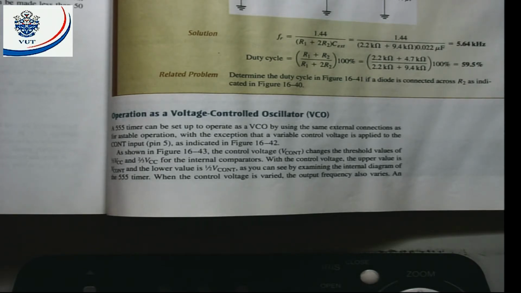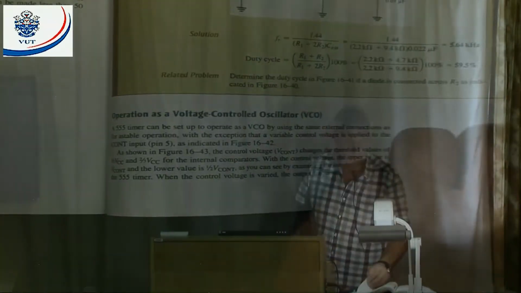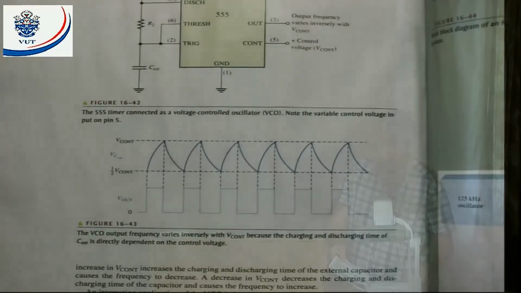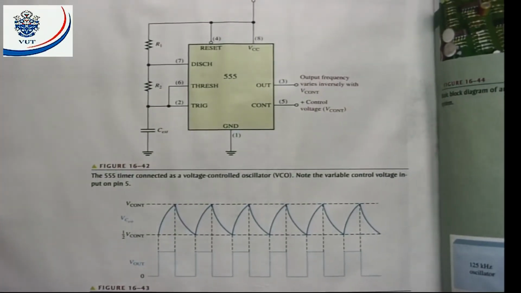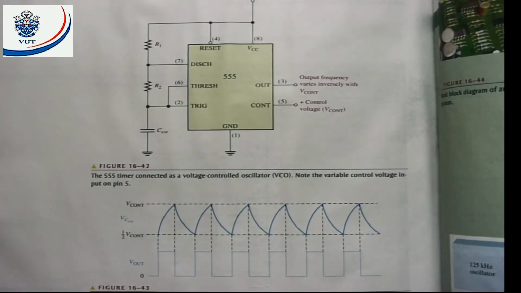When the control voltage is varied, the output frequency is also varied. There you can see where we put the control voltage in.